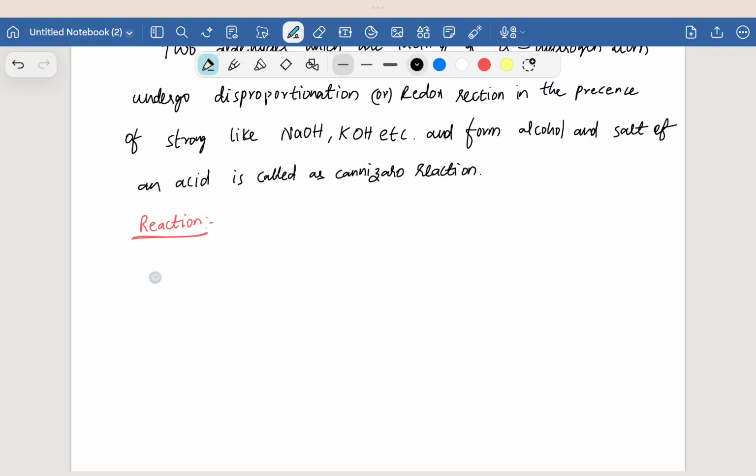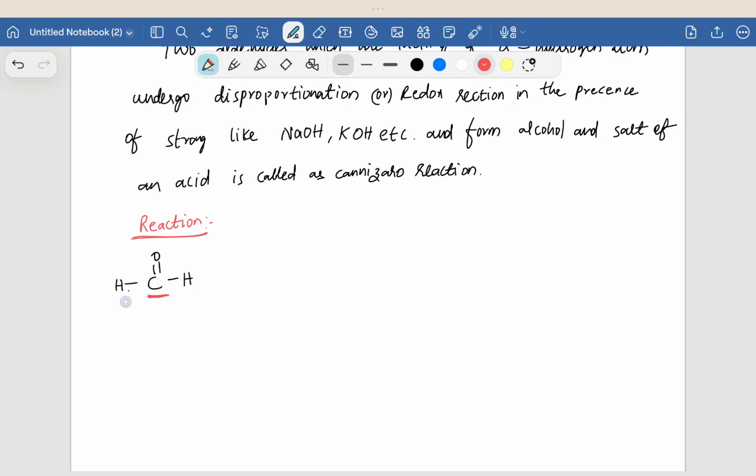See, if I take formaldehyde, H and H, what is the functional group here? Aldehyde, right? Beside the carbon of the aldehyde, there is no alpha carbon. The carbon beside the functional group is called the alpha carbon, but there is none, so there is no alpha hydrogen.